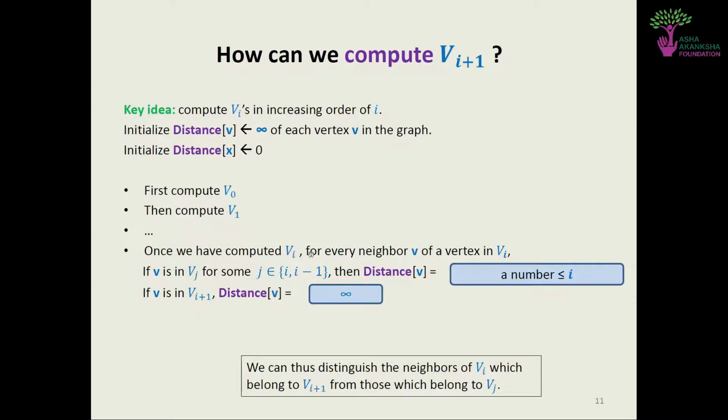Once we have computed Vi, then for every neighbor v of a vertex in Vi, if v is in Vj for some j equal to i or i minus 1, then the distance of v is a number less than or equal to i. And if v is in V(i+1), then the distance of v would be infinity.